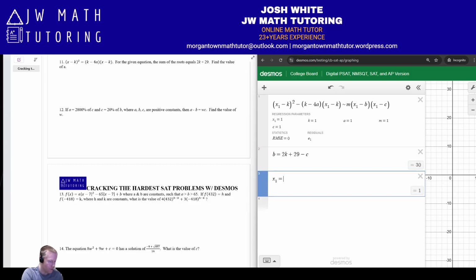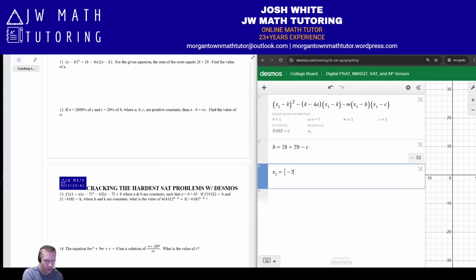Now I can do my list for x1. Start with negative 2, 0, and 2. Okay, so now when I go through this, what is the value of a? And notice this gives me the answer of negative 7. So therefore, that's the correct answer.